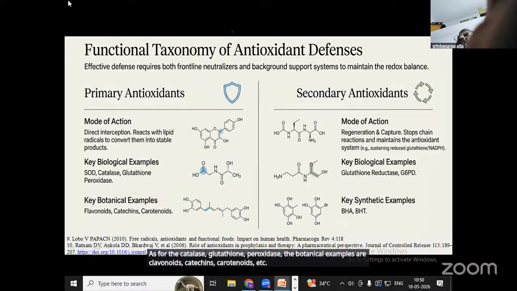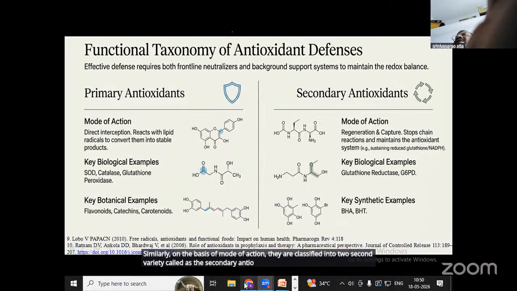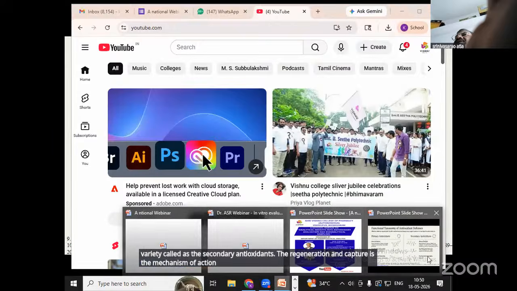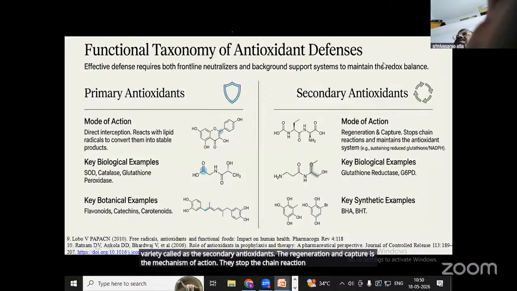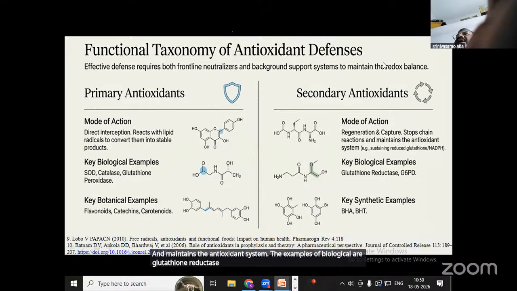Similarly, on the basis of mode of action, the second variety is called secondary antioxidants. Regeneration and capture is the mechanism of action. They stop the chain reaction, which we discussed in the previous slide, and maintain the antioxidant system. The biological examples are glutathione reductase and G6PD.